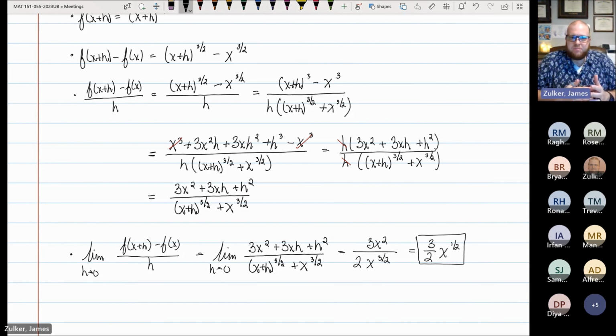So the definition is great for theory and seeing what a derivative actually is. But when it comes to calculating the derivative, it's not very practical.